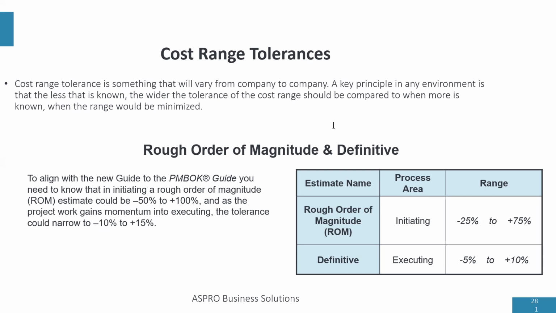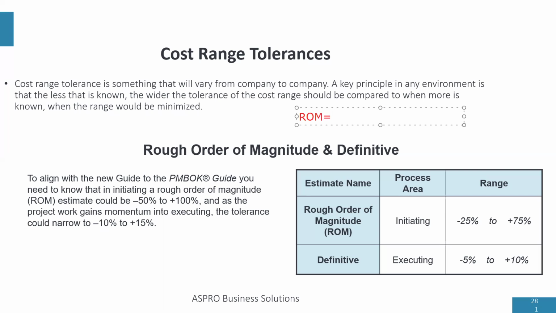And if uncertainty and risk are highest, then you should have a wide range of cost estimate. This wide range of cost estimate is called rough order of magnitude. And what does it mean?